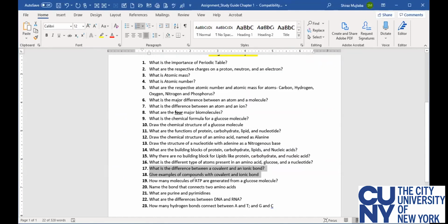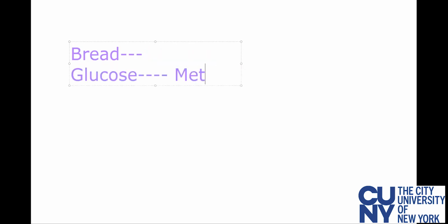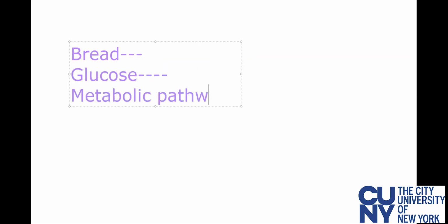Now, question number 19. How many molecules are generated from a glucose molecule? Let's say we consume bread. Best example of carbohydrate. When we consume bread, the bread is a complex carbohydrate. You get it from wheat or grains, and this bread is broken down in our body into the smallest unit called glucose. And then glucose enters into a metabolic pathway.